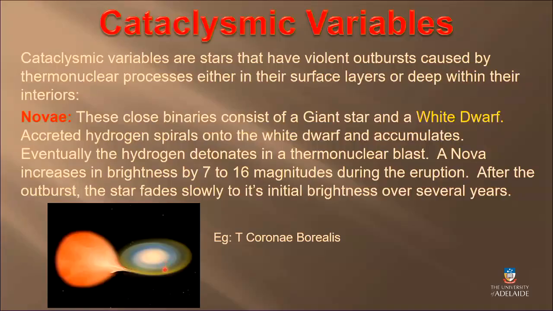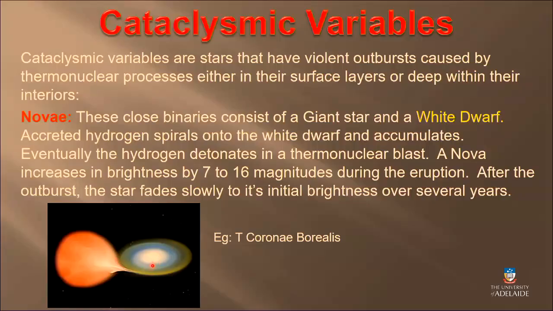So it's so close that the gravitational field of the white dwarf is pulling gas off the extended envelope of the red giant. This creates an accretion disk around the white dwarf, and it slowly spirals in onto the surface.